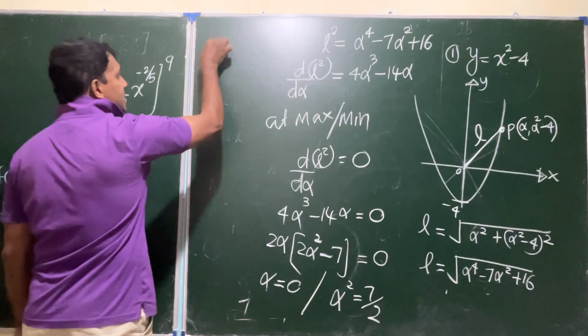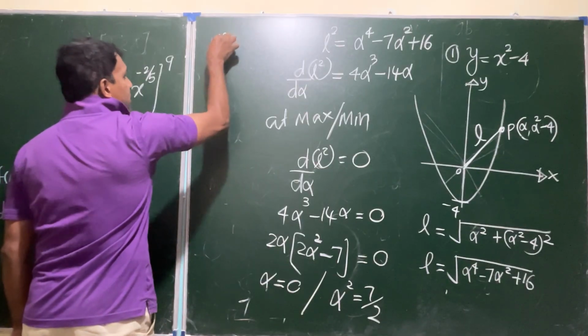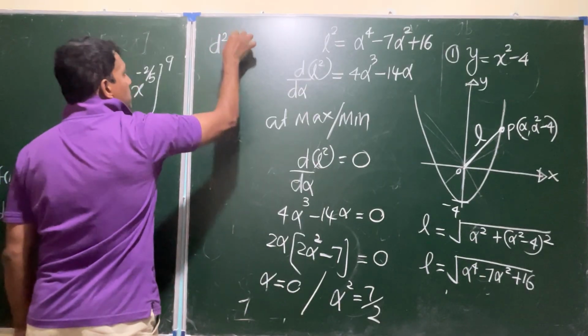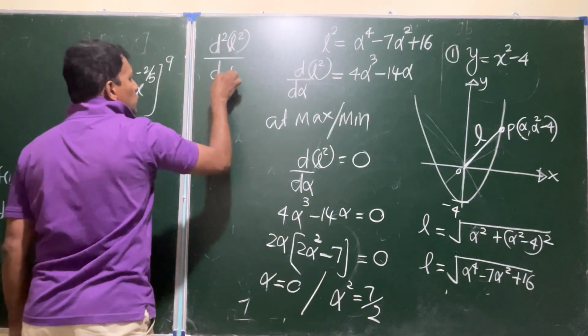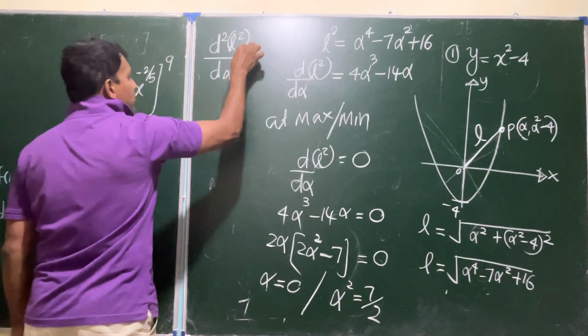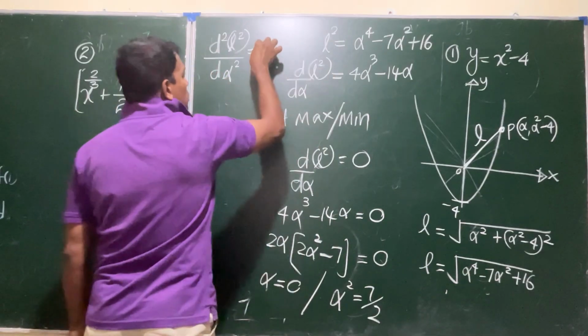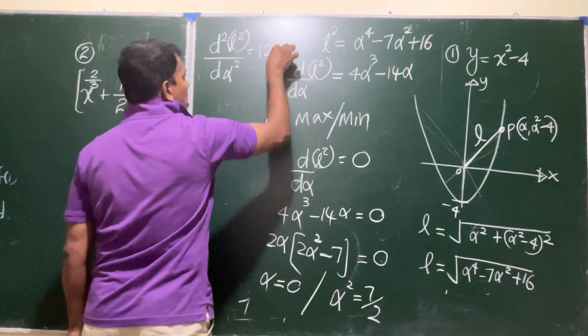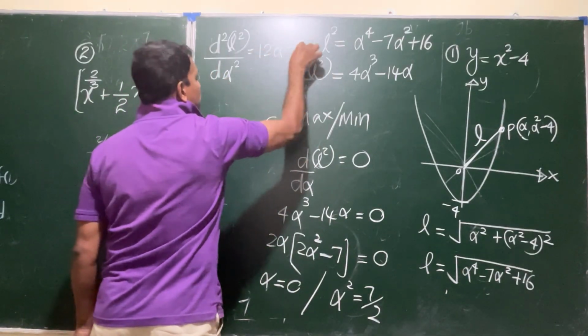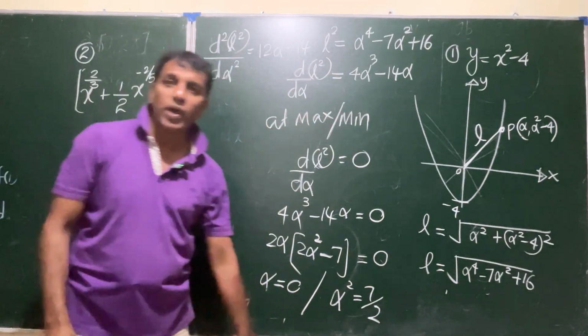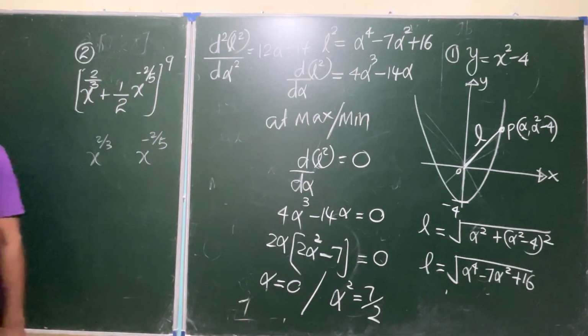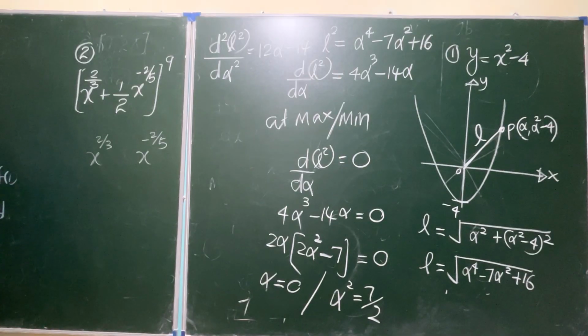Therefore, the second differentiation, d square L over d alpha square, is 12 alpha square minus 14. Okay, so is it okay? 12 alpha square minus 14 is the second differentiation.